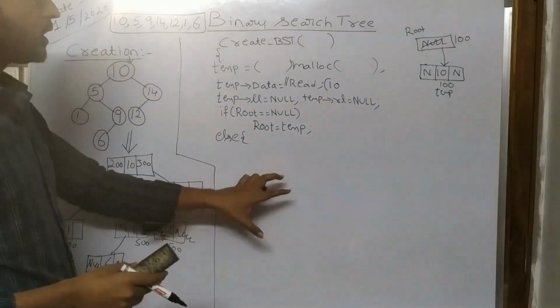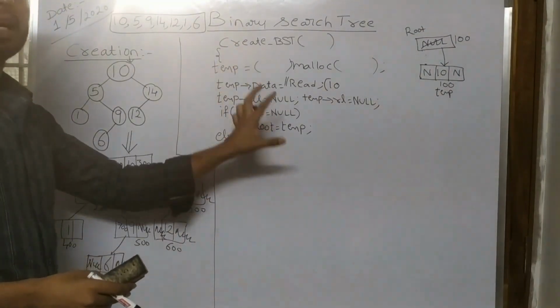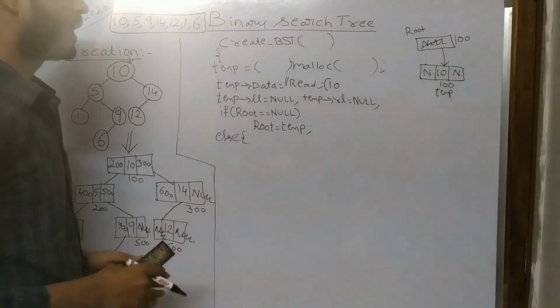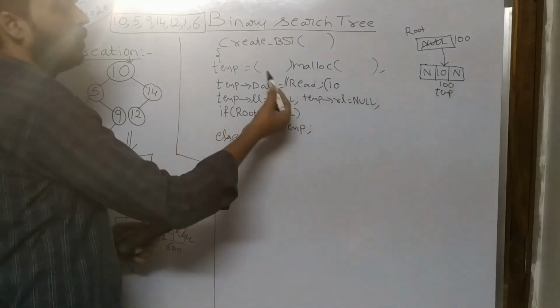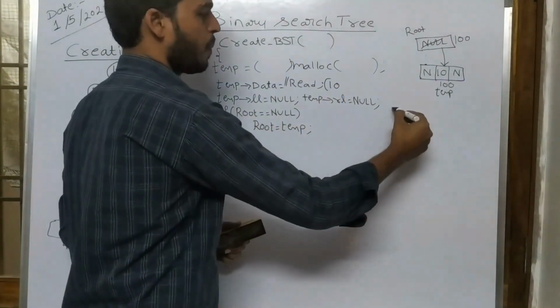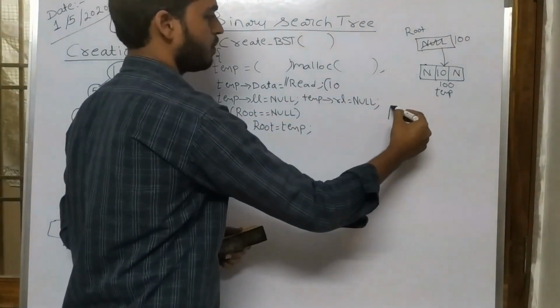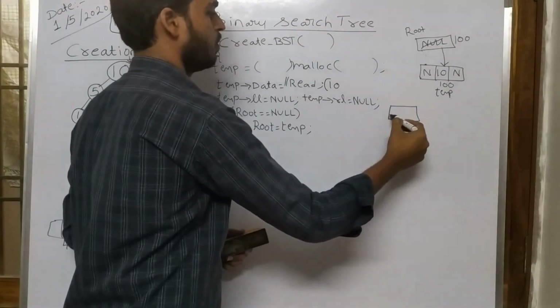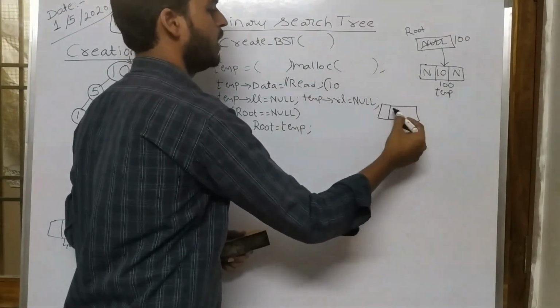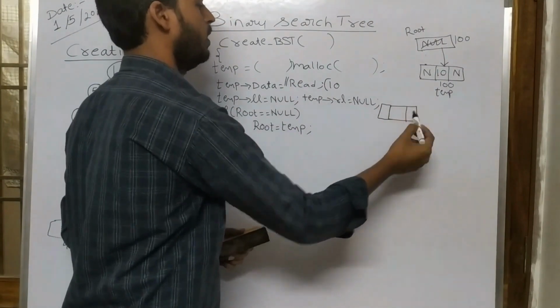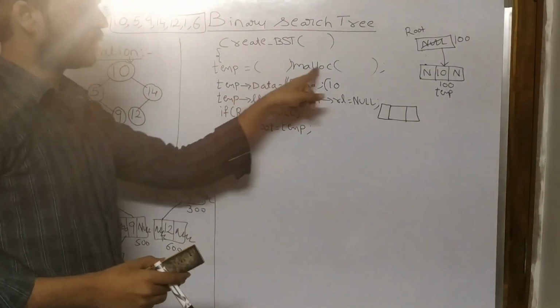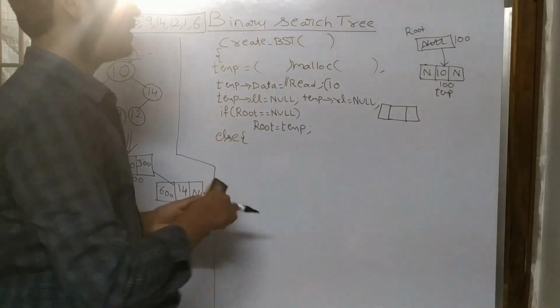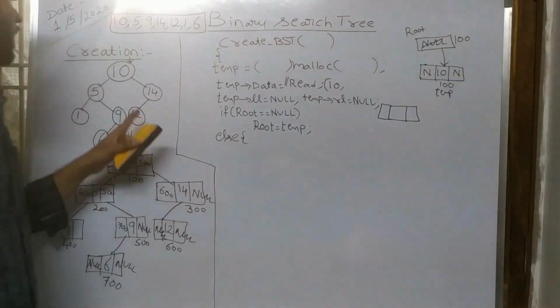Next, once again, the user is asking for creation of a particular node. Now it is going to create a node. When the user asks to create a binary tree node, it is going to read some value.